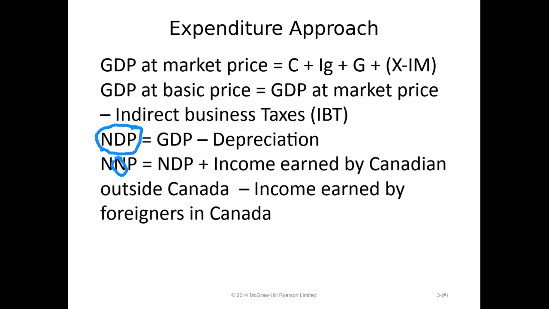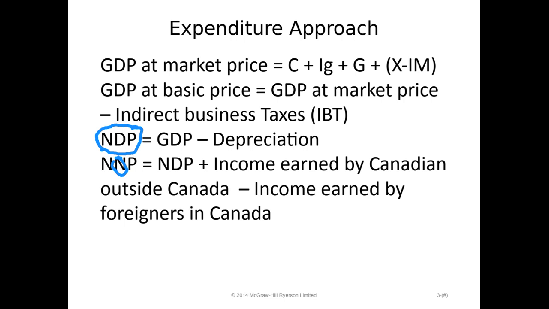National means all goods and services produced by Canadians, doesn't matter where they reside. So if a Canadian is working in Australia, his or her income will be included in Canada's GNP or NNP, national product, not domestic product. So national means not necessarily within the Canadian boundaries.